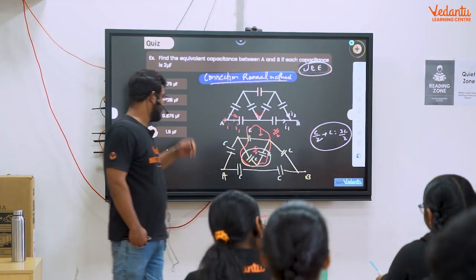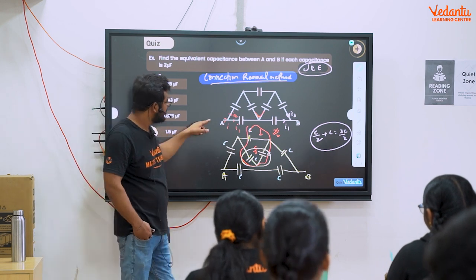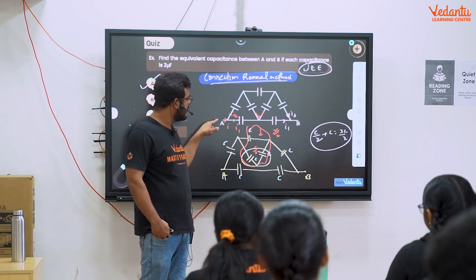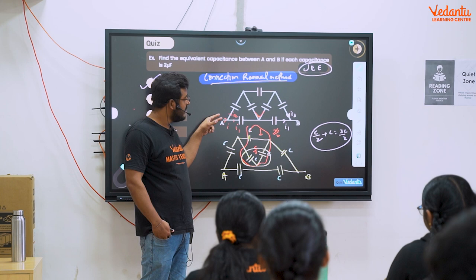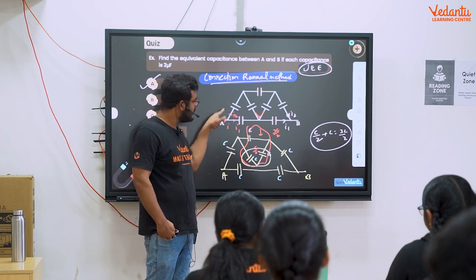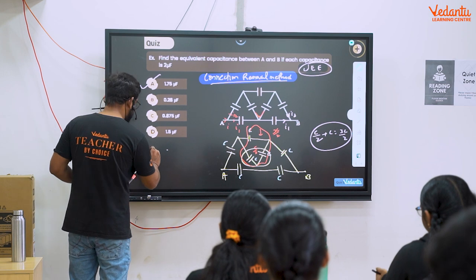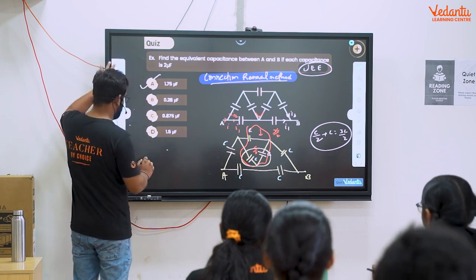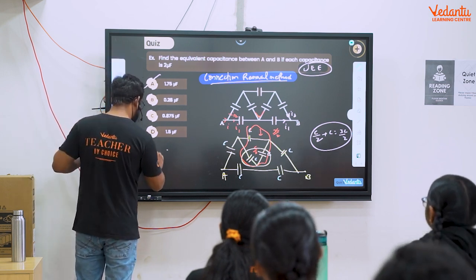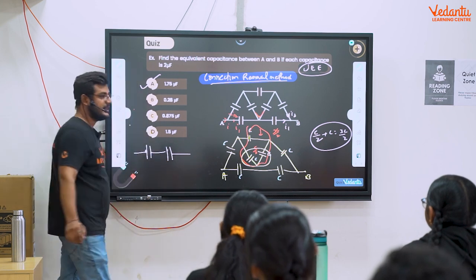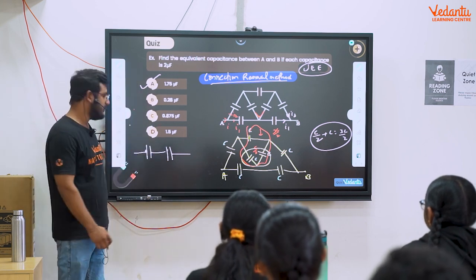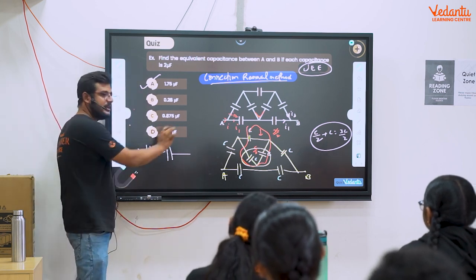Why did the current split into two parts when it entered the circuit? Very good. Whenever the current starts from one side, these two connections are divided into two parts. Just like we studied before, whenever it is in series, the same wire goes on and the current flowing in series will be the same.